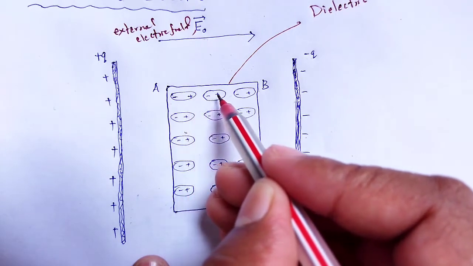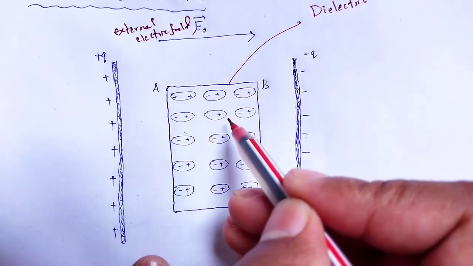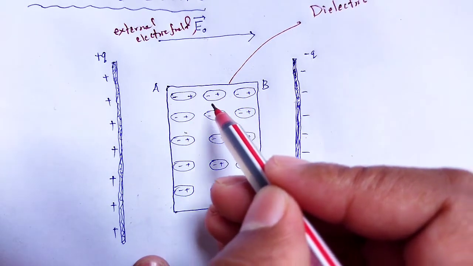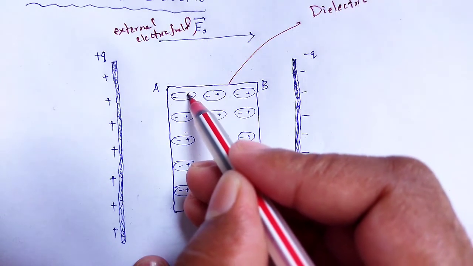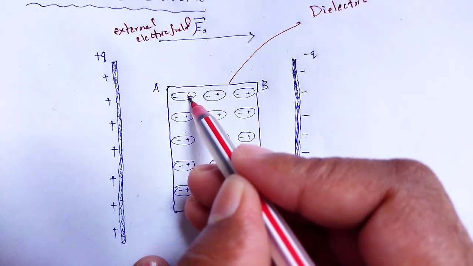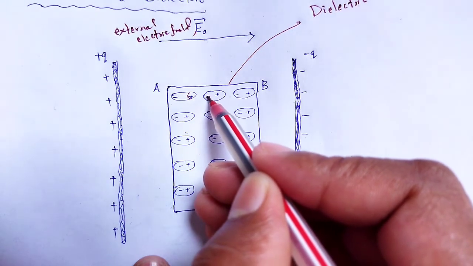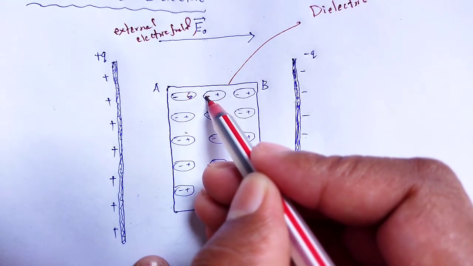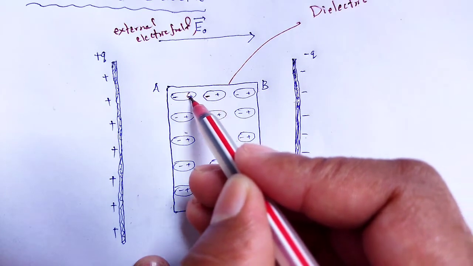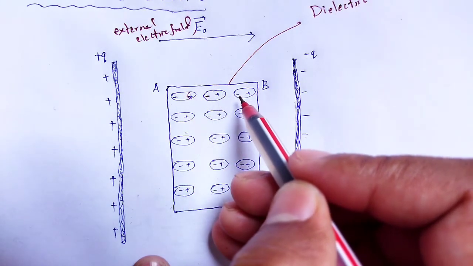Since the molecules are very close to each other, the positive charge of one molecule is cancelled by the negative charge of the next adjacent molecule, and so on.